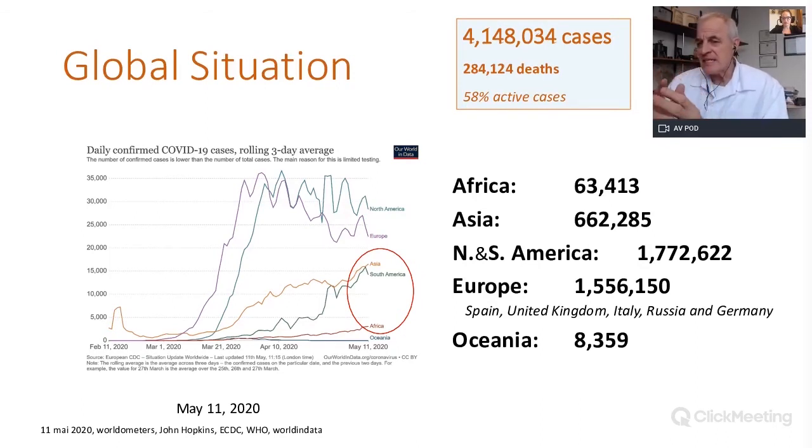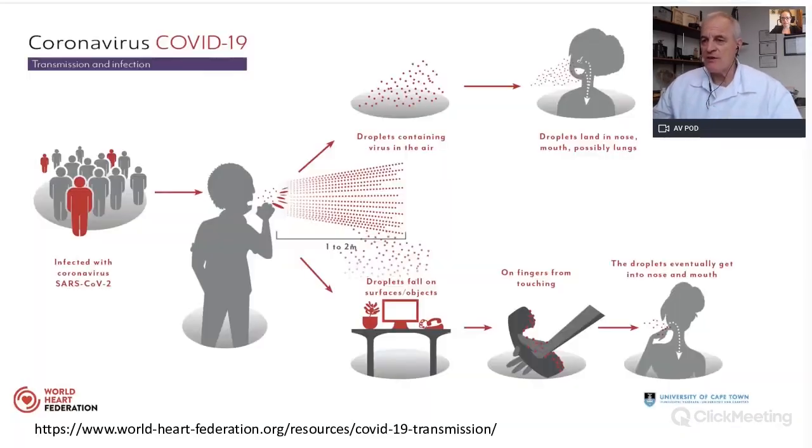And as you can see, this is by far not the end of the story, because even if the curves have somewhat flattened in Europe and in North America, we are still talking about a huge burden of disease with a high risk for the so-called second waves in most of the countries that have gone through the first wave.